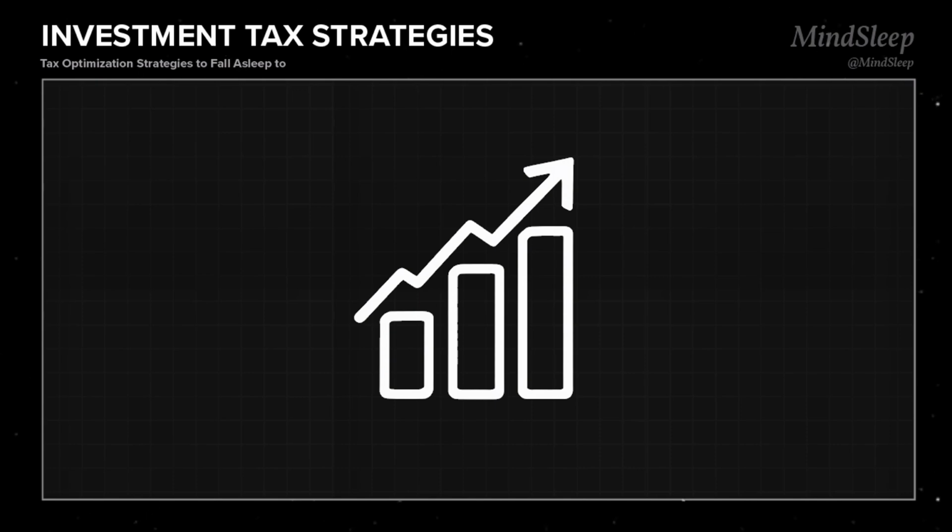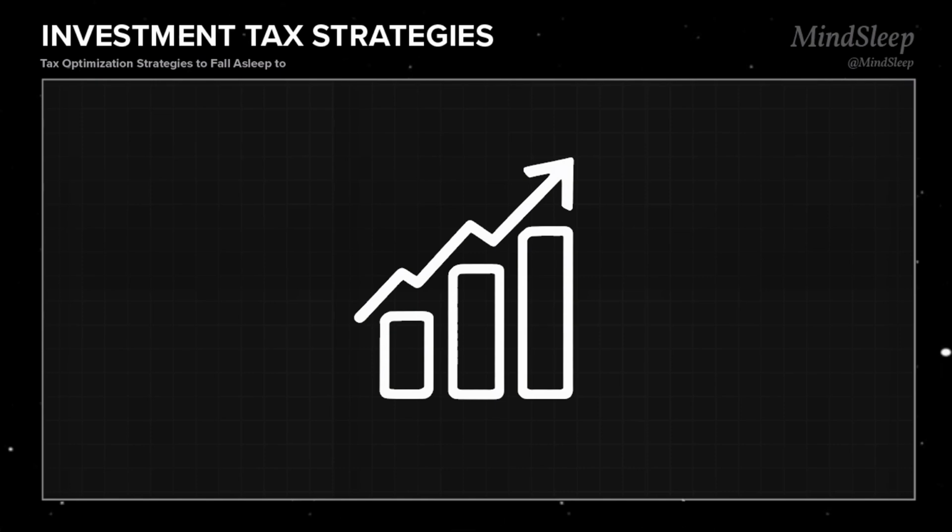Short-term capital gains, those from investments held for 1 year or less, are typically taxed at your ordinary income tax rate. However, long-term capital gains from investments held for more than a year often benefit from preferential tax rates.